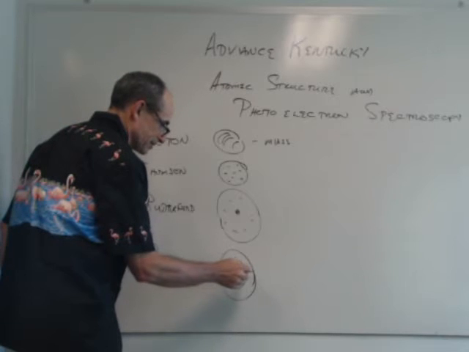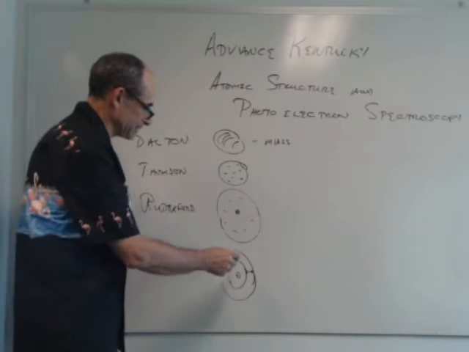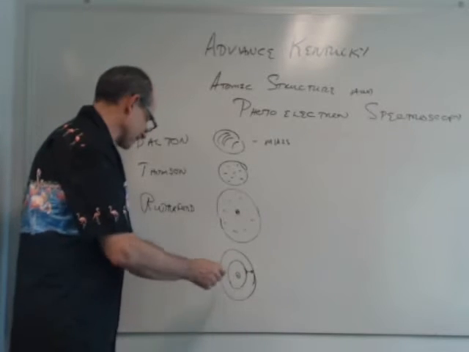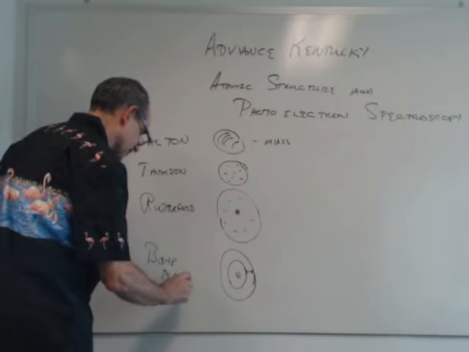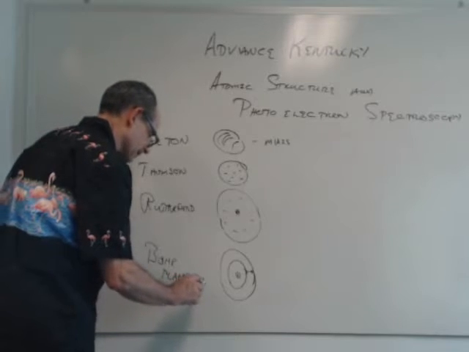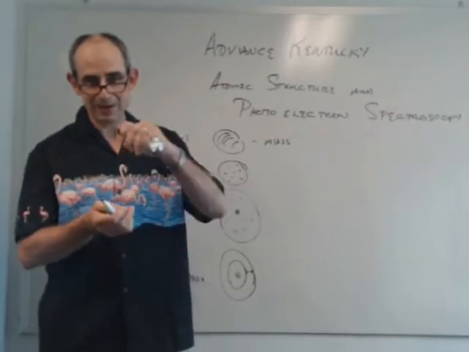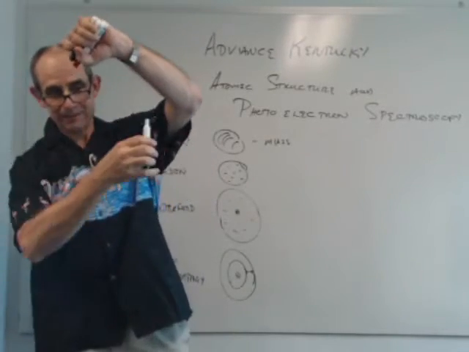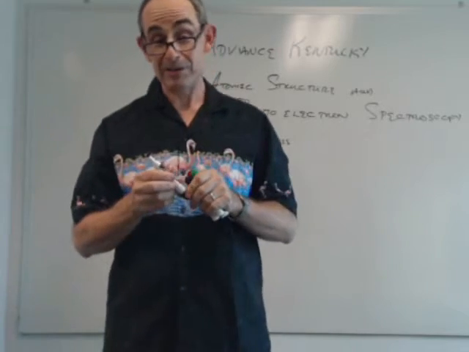The electrons can jump from energy level to energy level, but are forbidden in between. This is sometimes called a planetary model. It's the one most of us learn in introductory chemistry or even middle school. It's very attractive because it looks like a solar system, where you've got the nucleus instead of the sun and the electrons circling like planets. It's got some pretty serious problems.